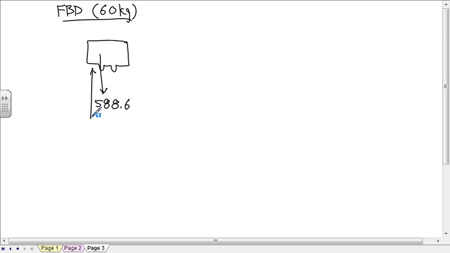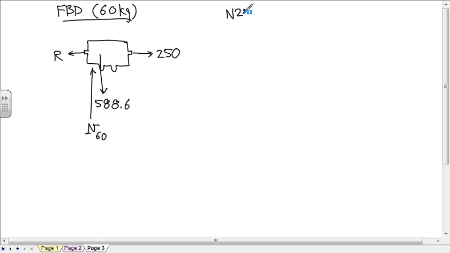You have a normal force N60 acting upward. You have the tension over here that we know is 250. And you have the force here, let's call that R.